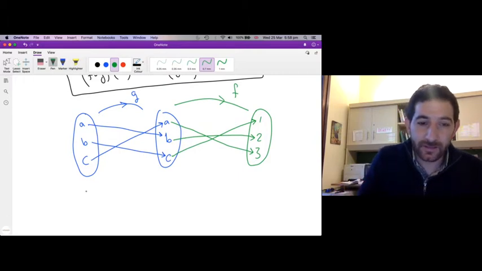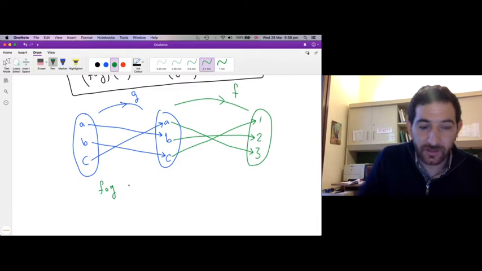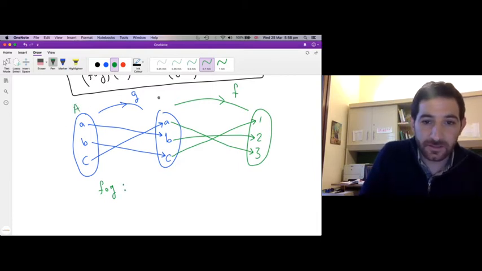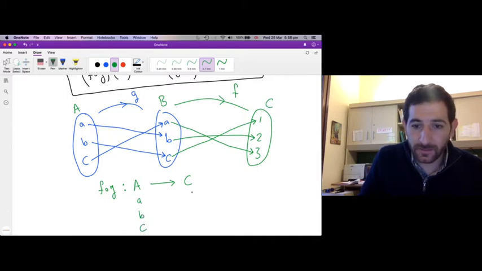So we have these two functions, g and f, and now we want to compute what is f of g of a, say. Okay, so what is f after g? It is a function. Let's call this set A, this set B, and this set C. Then it will be a function from A to C. Now A contains the elements a, b, and c, and C contains the elements 1, 2, and 3.